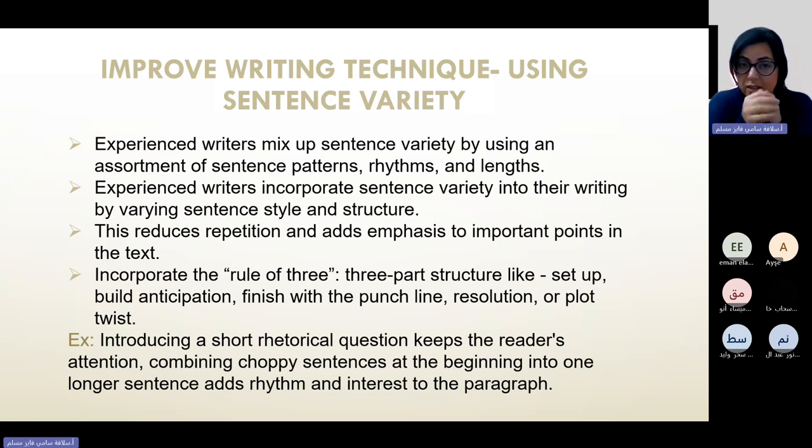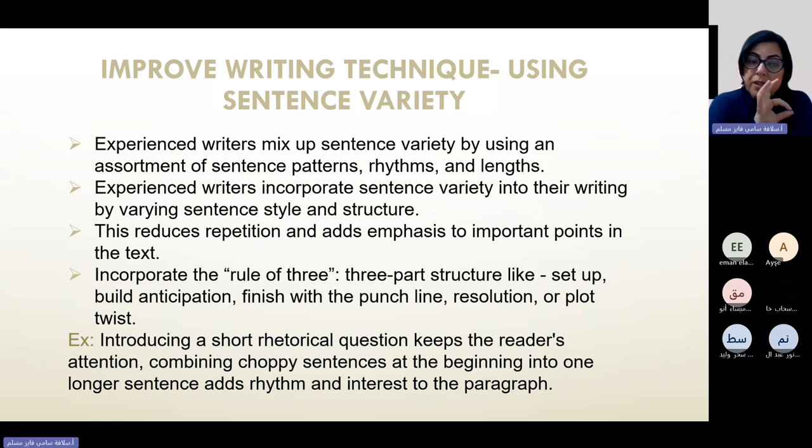And sentence length can be simple sentences, short sentences, complex sentences, compound sentences, complex compound sentences. It depends. In order to make the writing more interesting, they use a mix of sentence variety.